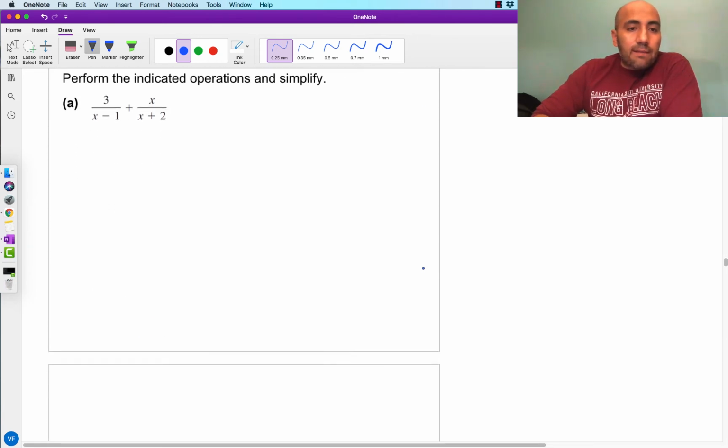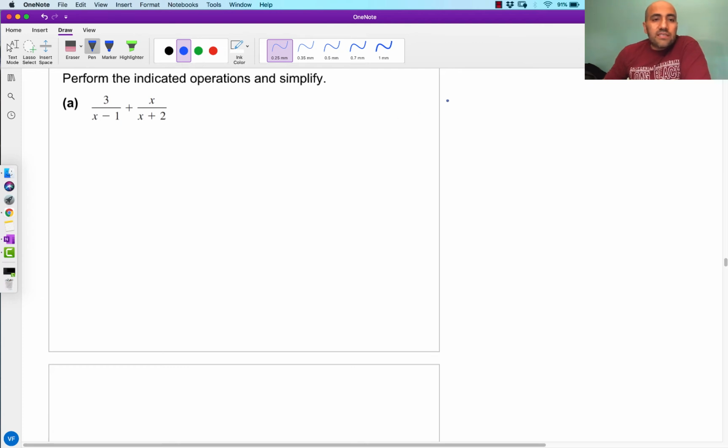Okay, so for example, let's say we're asked to add this one. If it was an easier one, let's say we just had 3 over x plus 2 plus x over x plus 2. See, in this case, both fractions have the same denominator. This one's an easier one. This one's just going to be 3 plus x divided by x plus 2.